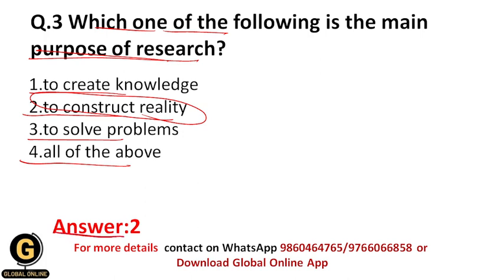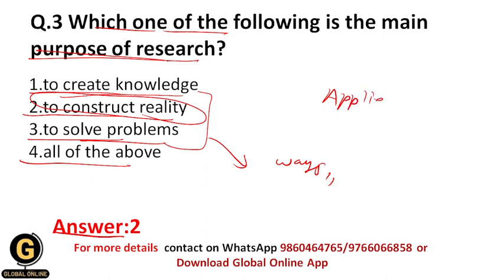Creating knowledge or solving problems are basically specific ways of doing research, and these ways depend upon what kind of research it is. If you are doing applied research, you solve specific problems by using the laws, or you apply the laws to your problems to solve them.